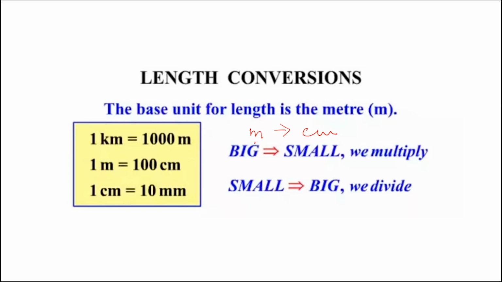So when we are converting any bigger unit into smaller unit, then we multiply. And if any small unit is there and we need to convert it into big unit, then we divide. For example, if we are changing centimeter square into meter square, we will divide it.